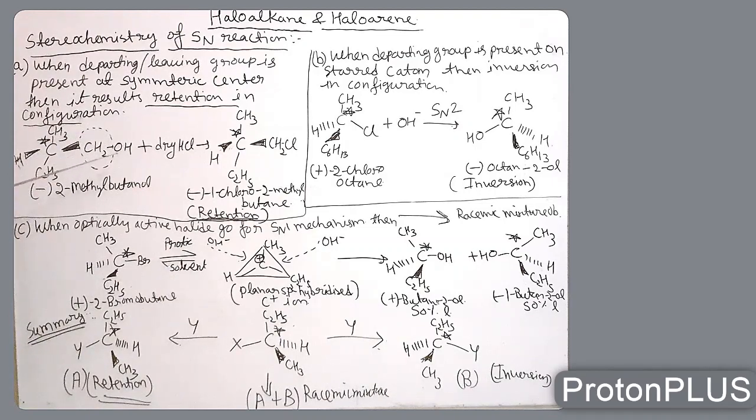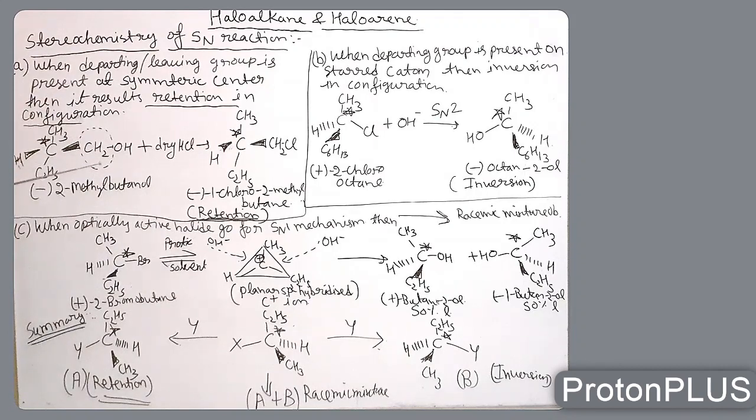So Cl will attack from the same direction as the departing group, and it results in retention in configuration. The configuration of the reactant was minus, and for the product again it is minus, that is -1-chloro-2-methyl butane.